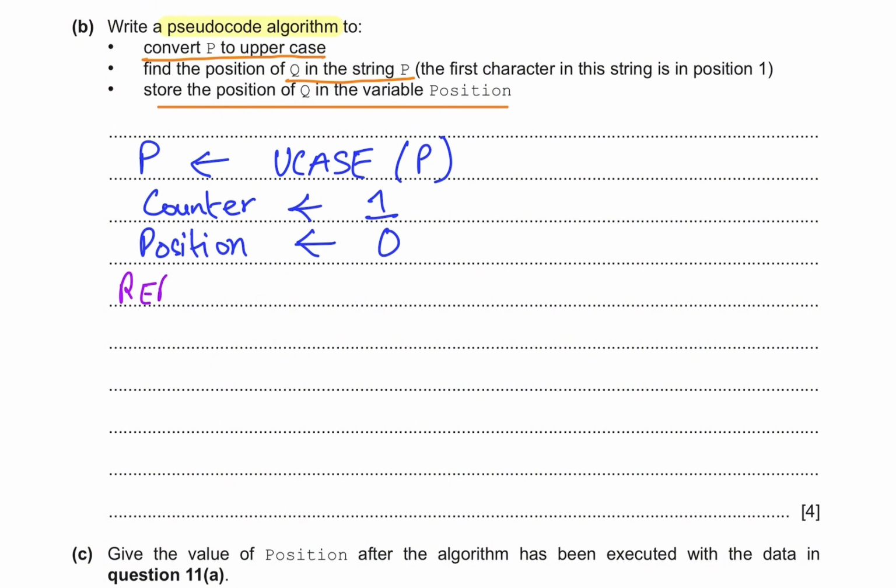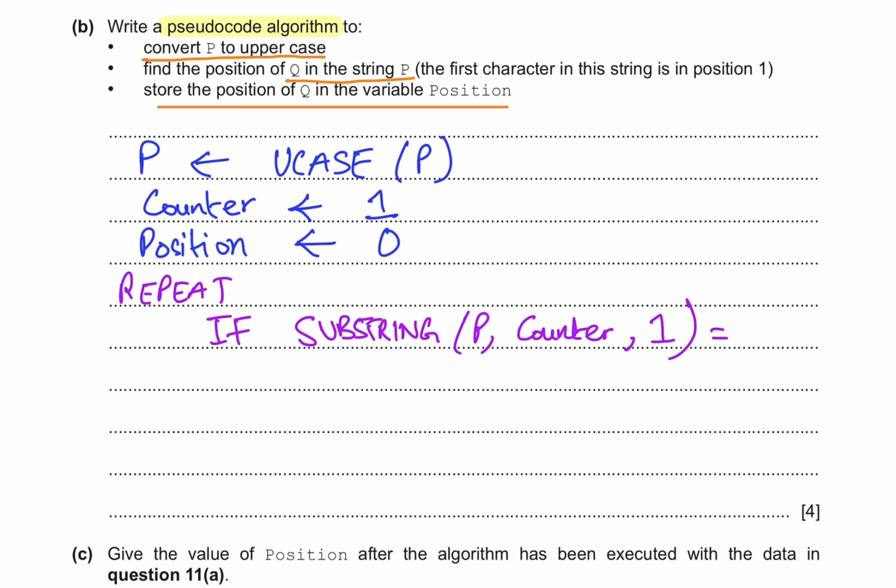So if you are using the repeat until loop, repeat: if the substring of P, counter, 1 is equal to Q, then position will become counter.